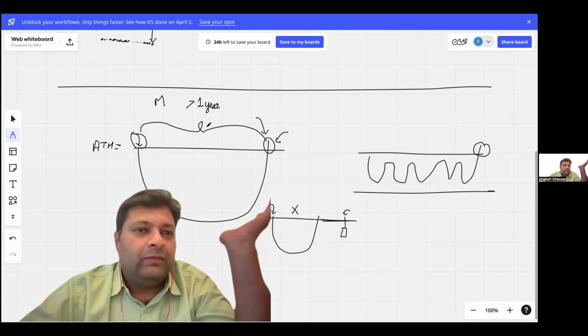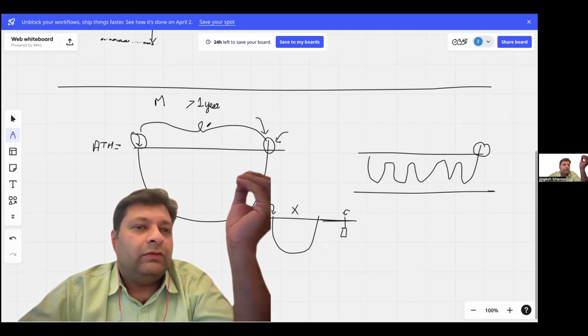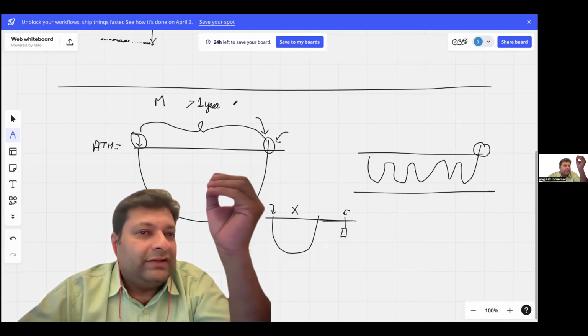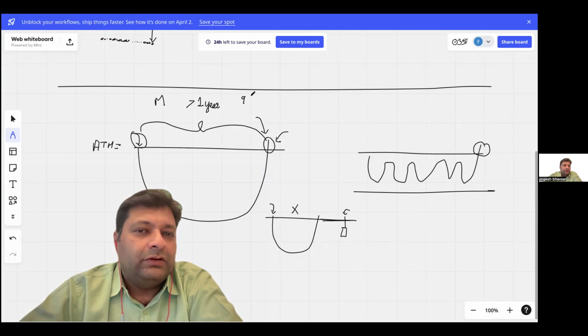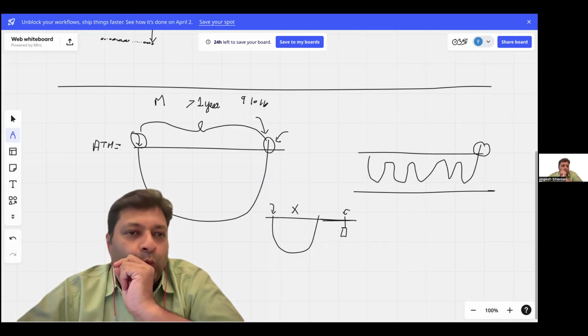It can be a multi-year breakout, 6 years, 10 years, 20 years, or maybe 1 year 1 month, 13 months, 14 months, 15 months, that is fine. But it is not fine if the gap between the breakout and the previous high is 9 months, 10 months, 11 months. Okay, it has to be more than 1 year.